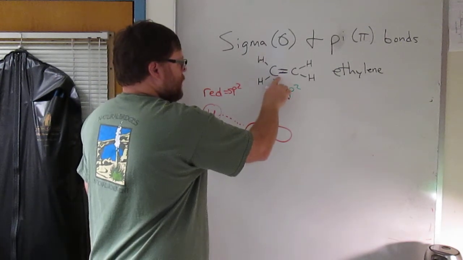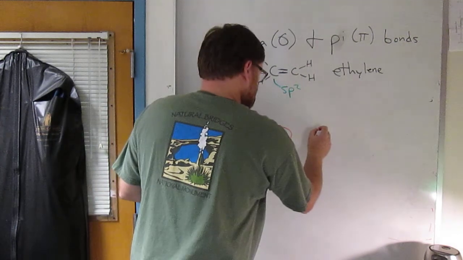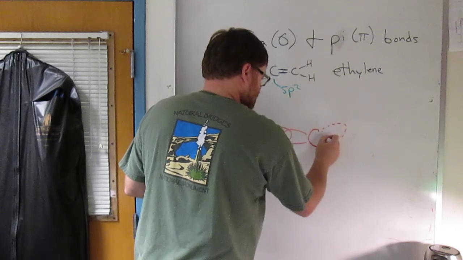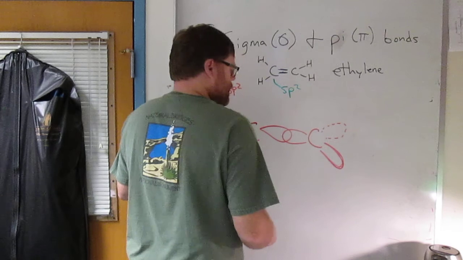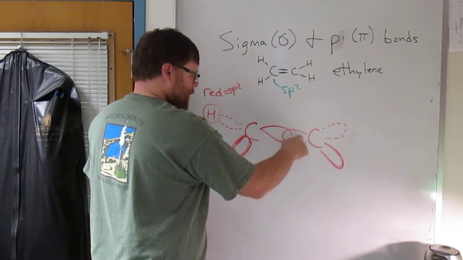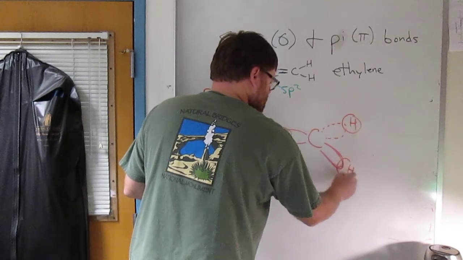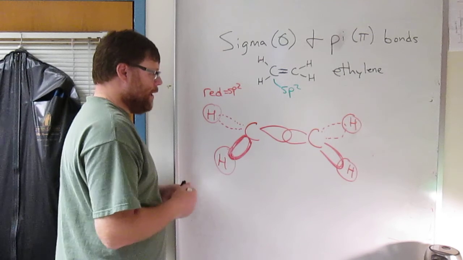Okay, so if that carbon is the same as that carbon, it will also have a set of sp2 hybrid orbitals. H is at the end. Okay, so that's the sigma bond.